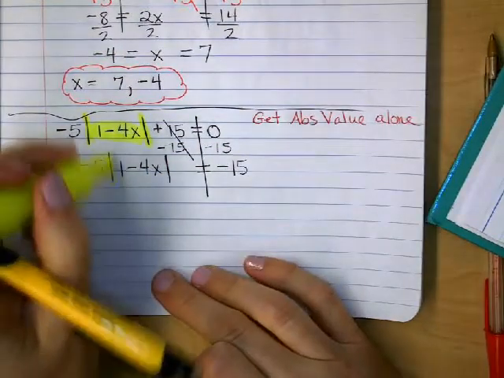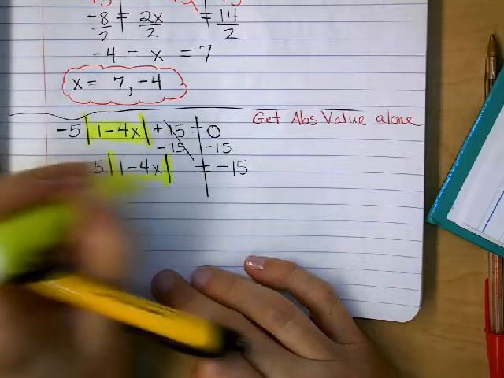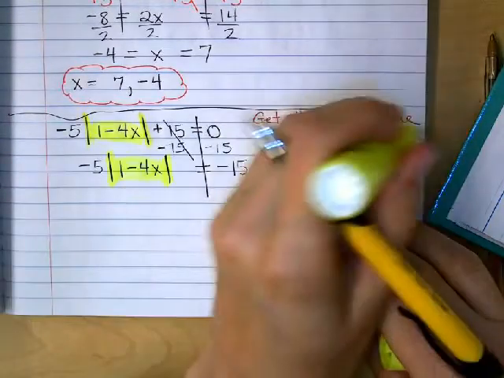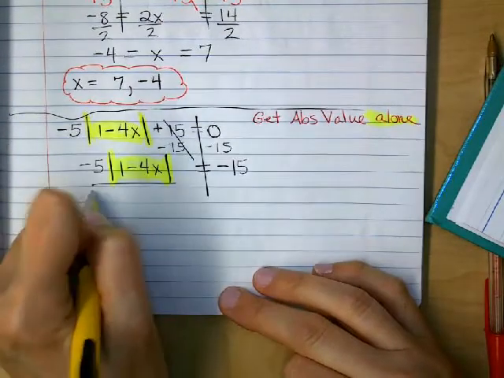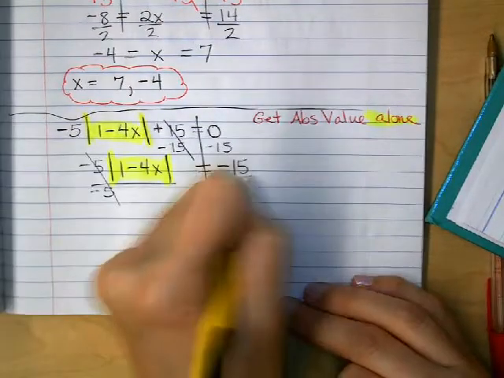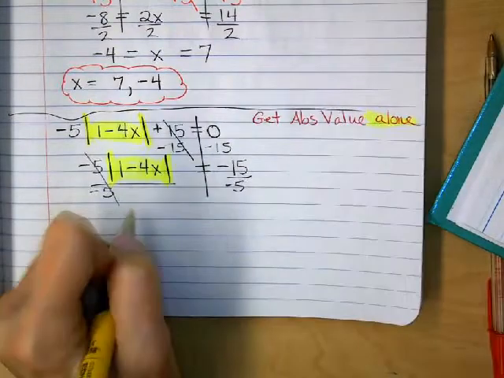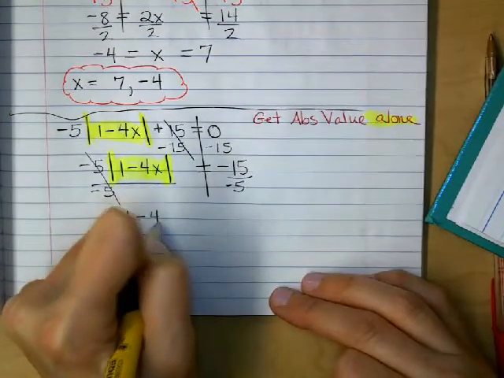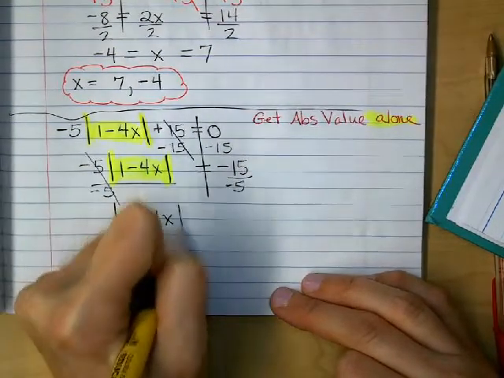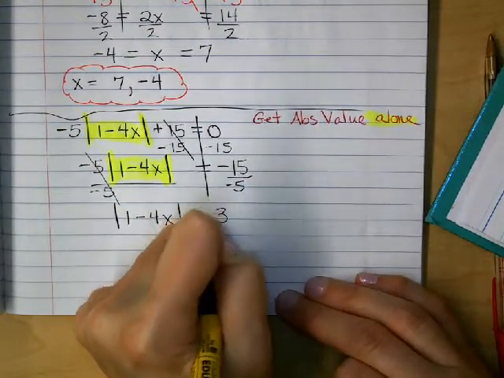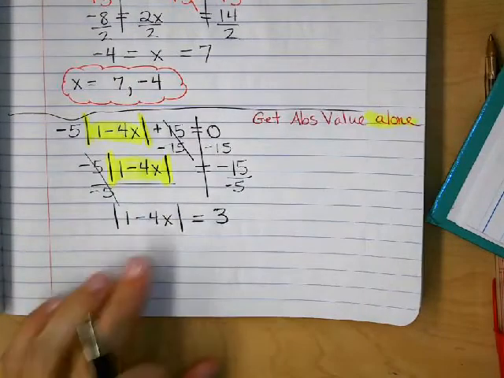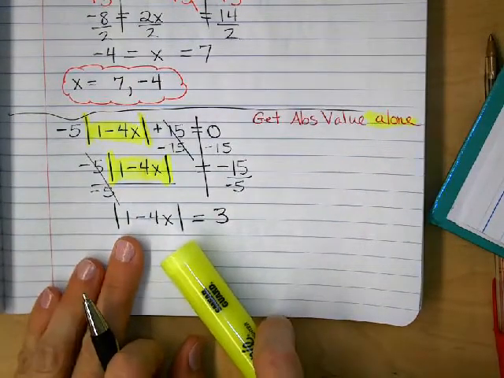So again, this part you have to get alone. So now you have to divide by negative 5. Now you have 1 minus 4x in the absolute value lines equals 3. Well, now we're to the point where it was kind of like the previous one.